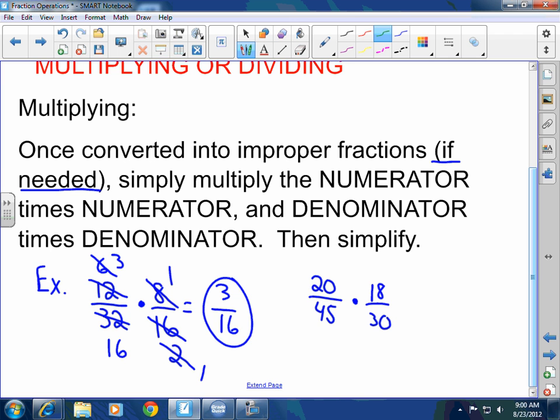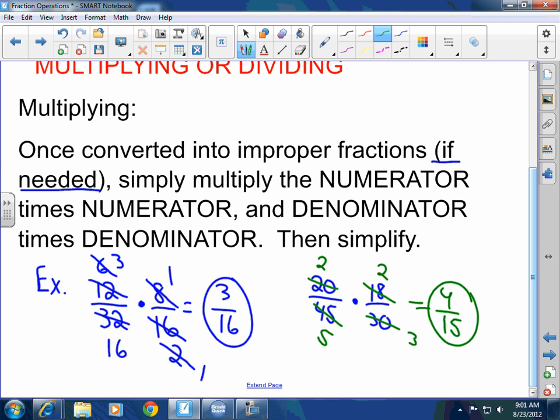Okay, this is a good one. 10 goes into 30 3 times. 10 goes into 20 2 times. 9 goes into 18 2 times. 9 goes into 45 5 times. 2 times 2, numerator times numerator, is 4. 5 times 3, denominator times denominator, is 15.